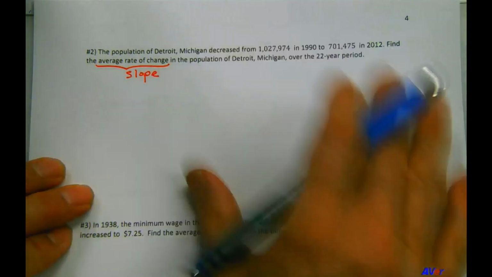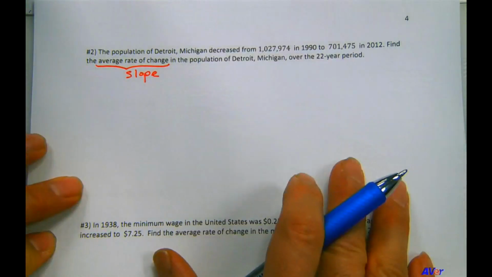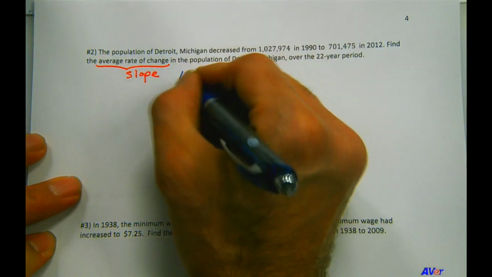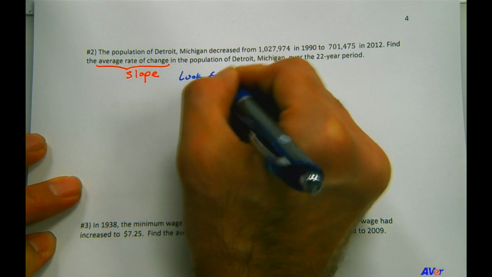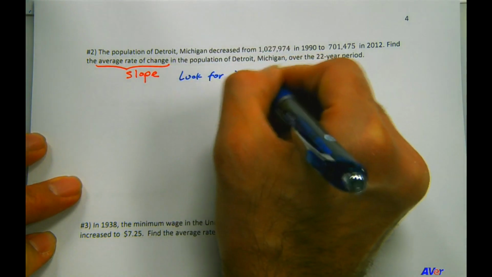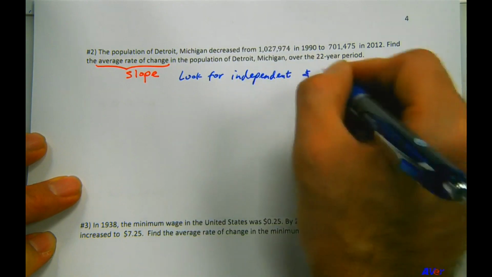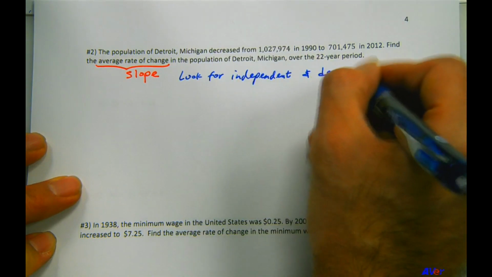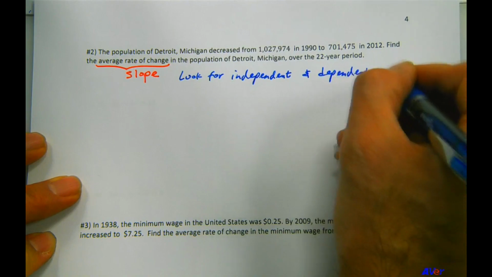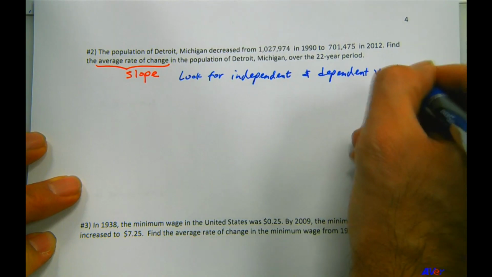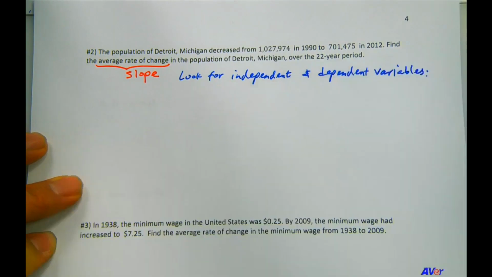Where are they? Well, remember what we talked about earlier, probably in the first video, right? Look for independent and dependent variables. That's the first thing we're going to look for.